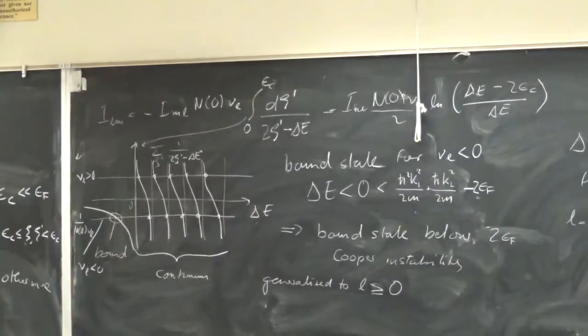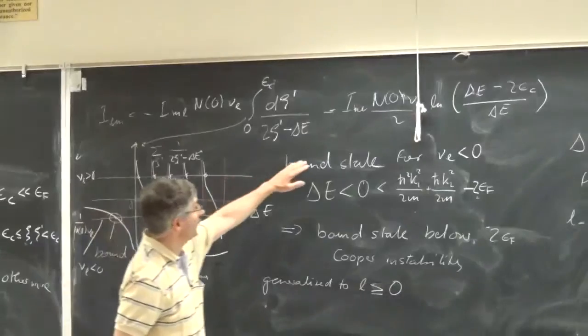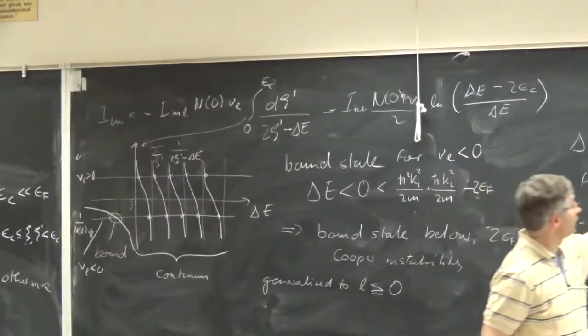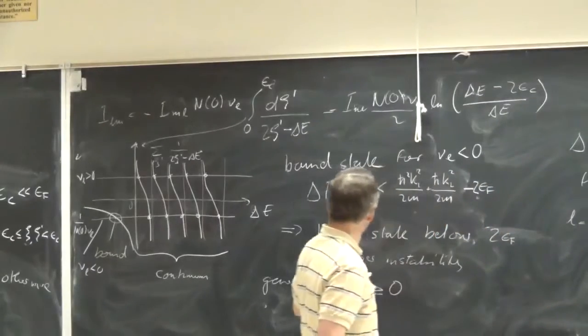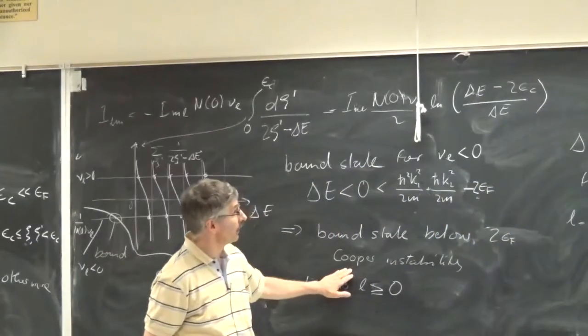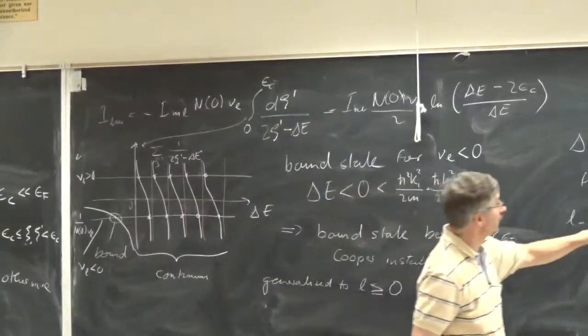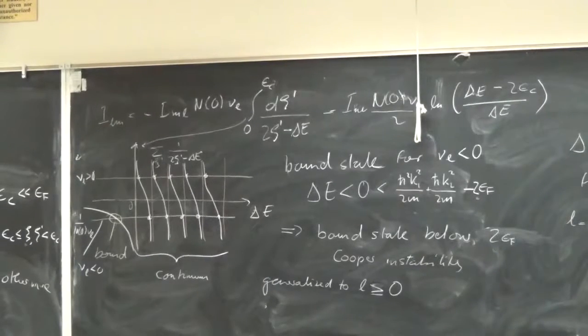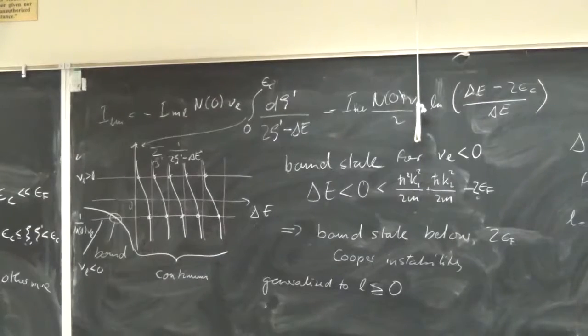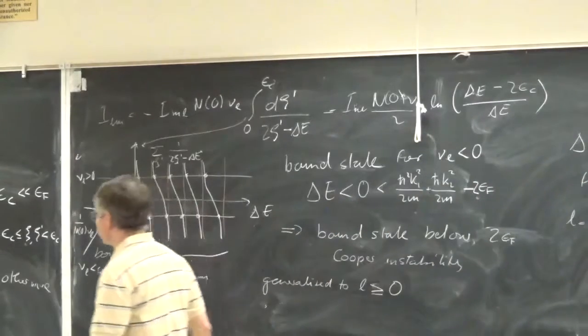And so in principle, for any finite angular momentum, I can get such a Cooper instability if I have an interaction where in the decoupling here into these angular momentum channels, I have an attractive channel.